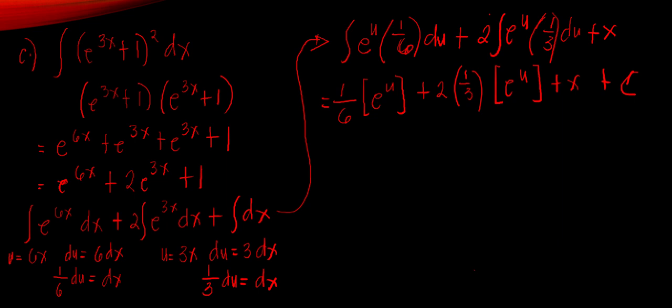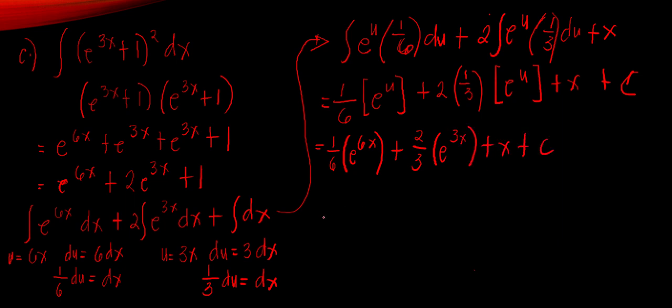So from there, we can substitute again the values of u with the variable x. So this will be equal to 1 over 6 times e raised to, what is u, that is 6x, plus 2 over 3, then e raised to 3x plus x plus c.